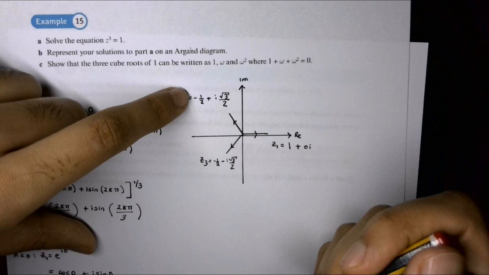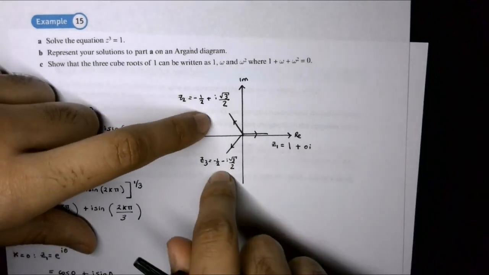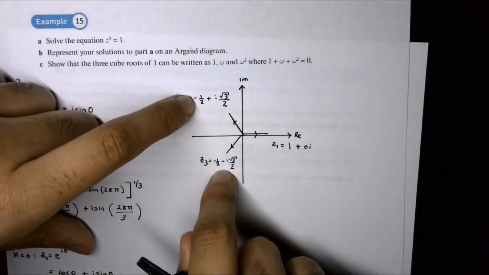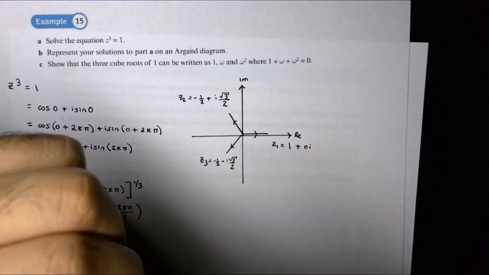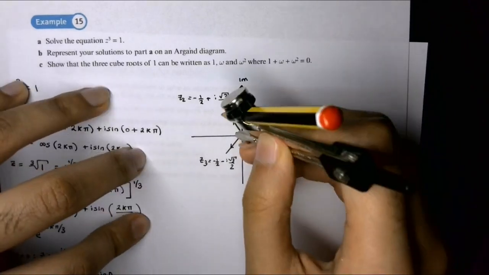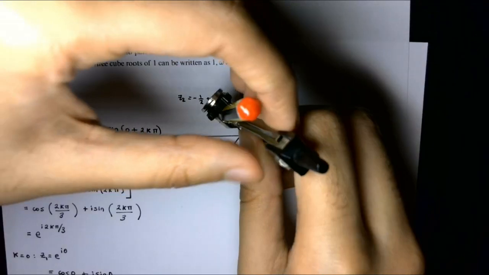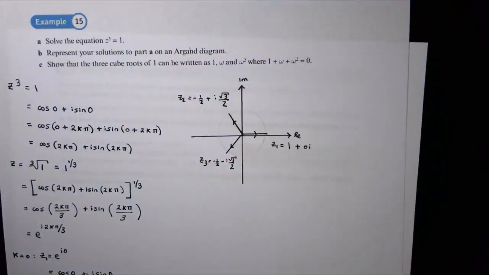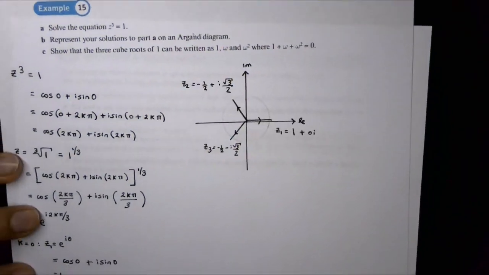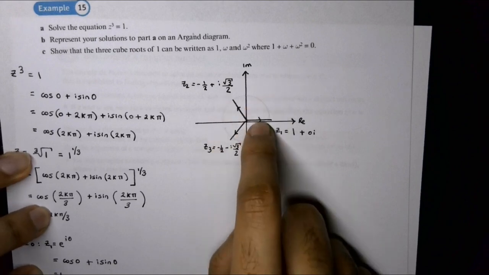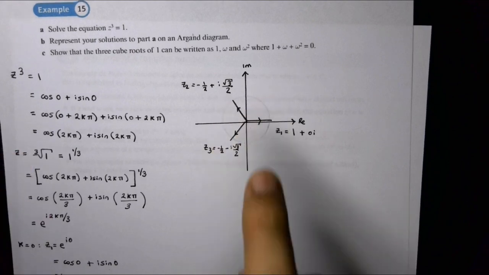And that's because the magnitude of Z1, Z2 and Z3 is equal to 1. So let's just show this circle. Hopefully here you can see we've got the unit circle.